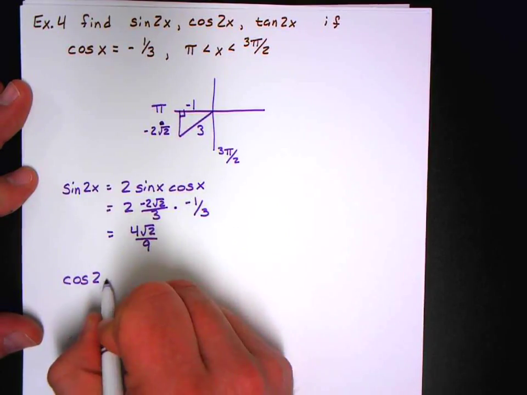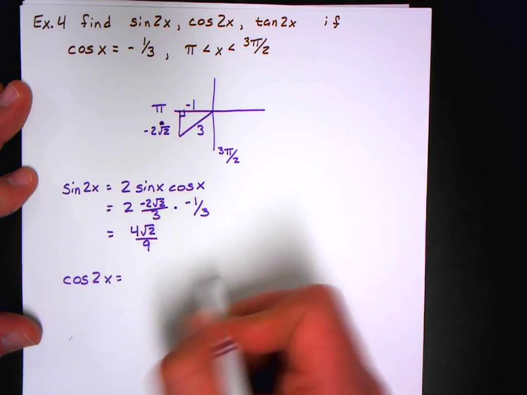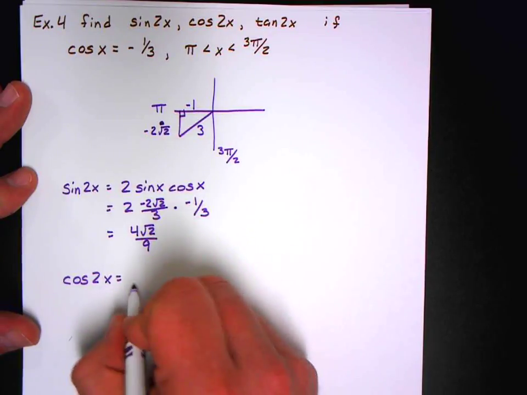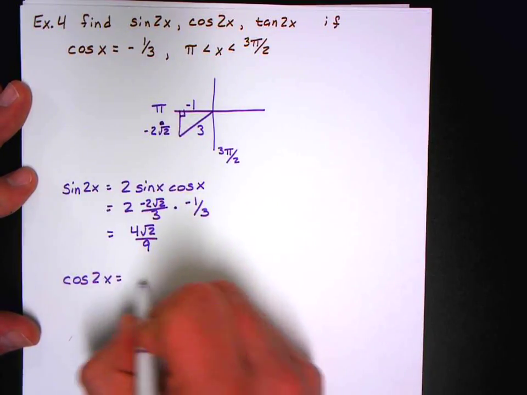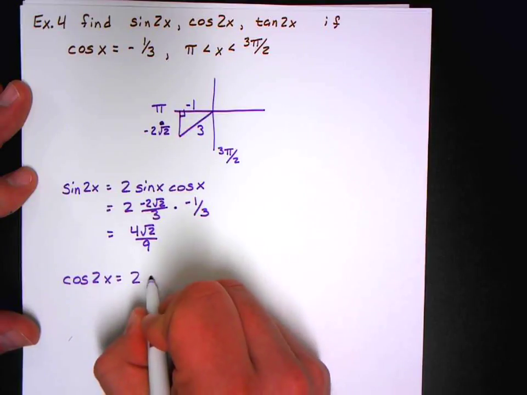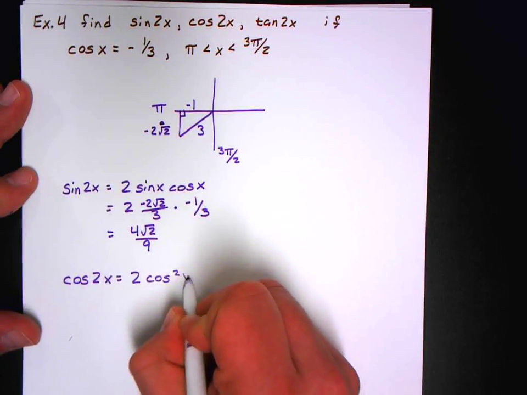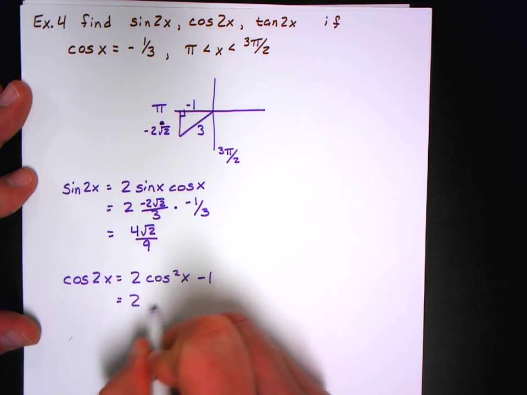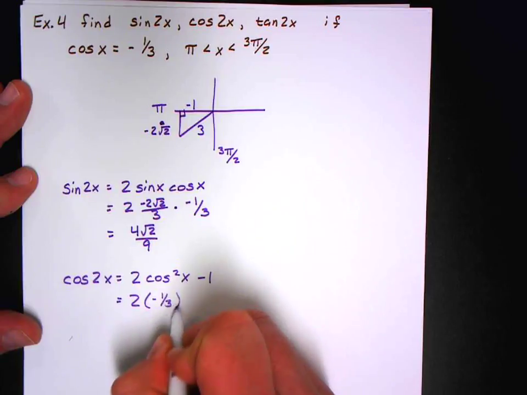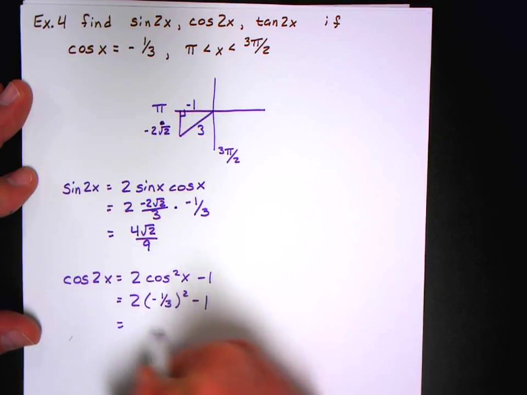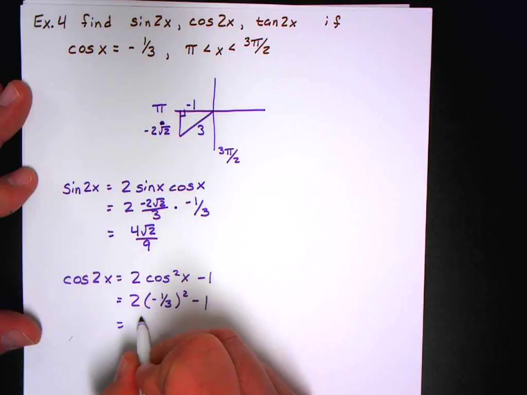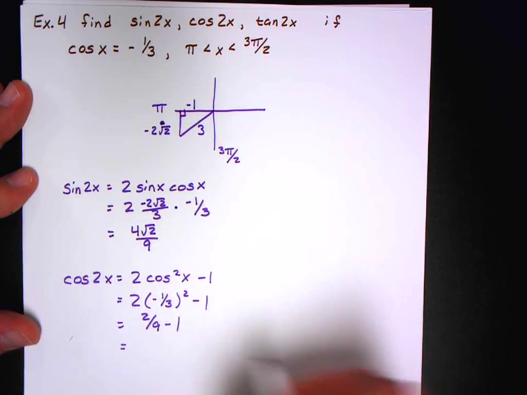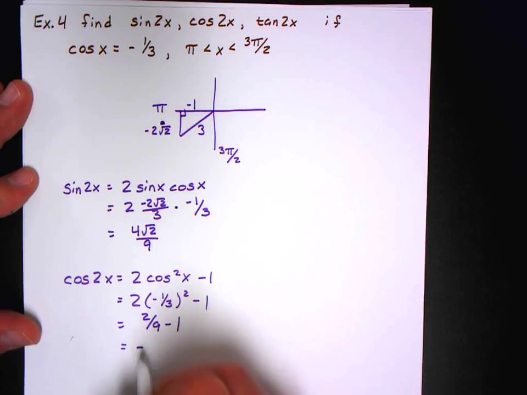Cosine 2x. You could do cosine 2x without even having the formula or having the triangle, because they told you what cosine of x is. So cosine of 2x, I could use this formula so I can make sure that if I messed up my triangle, I could still get the right answer. So that's 2/9 minus 1. So that's going to be negative 7/9.